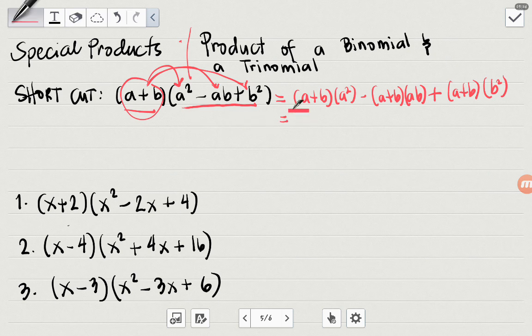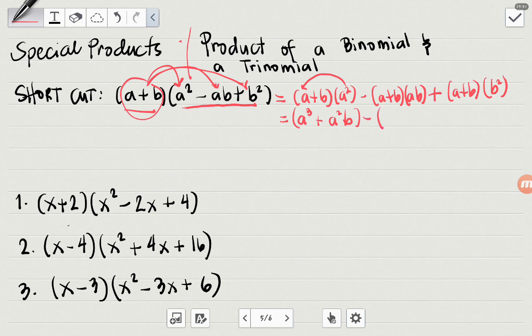Okay. Balik tayo dito. So, again, since you have this first term, you have to multiply this by distributive property. So, a square times a is a cube, a square times b, plus a square b. Okay.